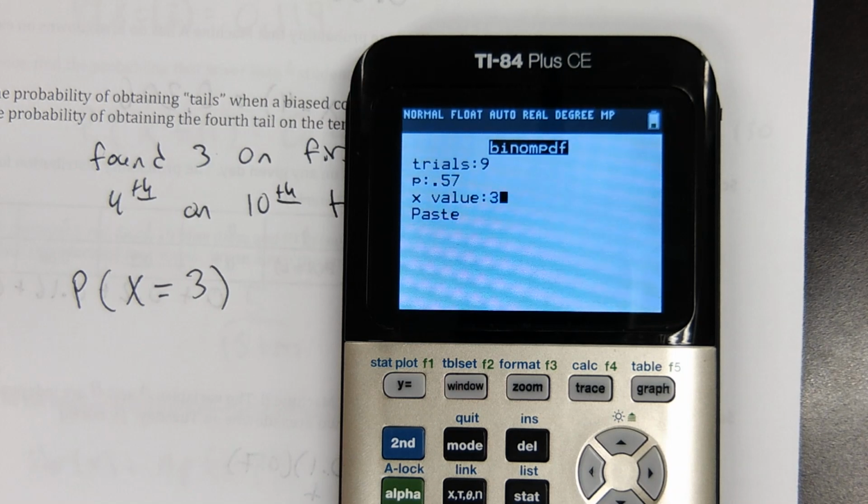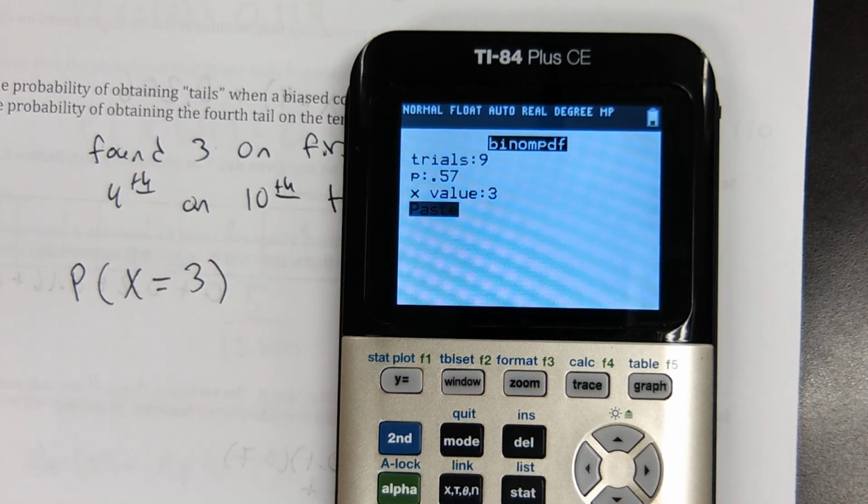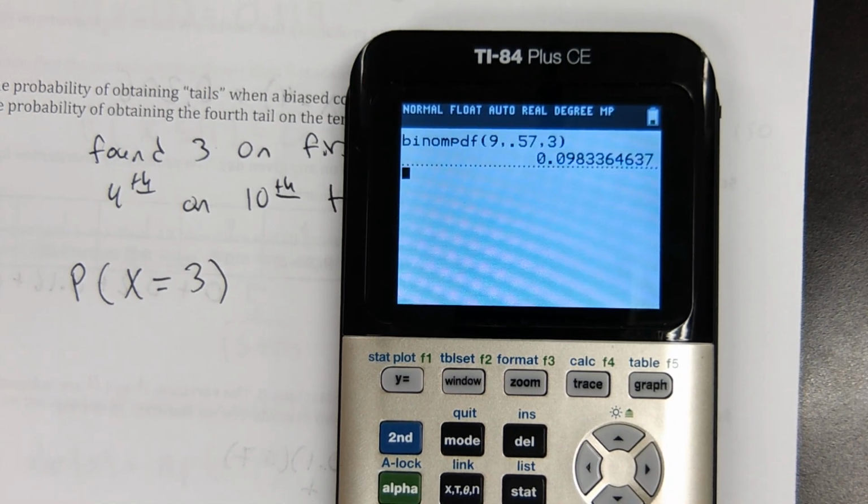And now we're looking for it to be exactly 3. So that was the probability that we found 3 of them in the first 9. And you see, it's not a very large number, and that should make sense. Because it being a biased coin, it wants to land on tails, and you're saying 6 out of 9 times it landed on the unlikely side. So that's why that number is so low.